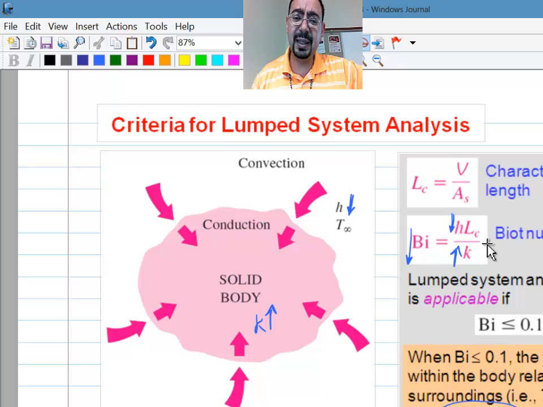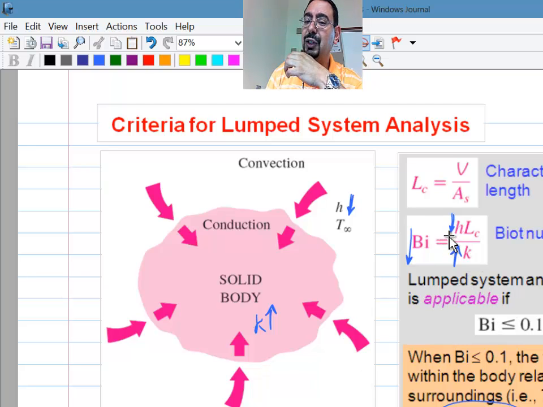And so what is that length scale? Again, it's really the h playing with the area and the k playing with the area. So it's the volume over the surface area. You can imagine the volume is basically what the conduction is trying to act on, and the surface area is basically where the heat transfer is happening.